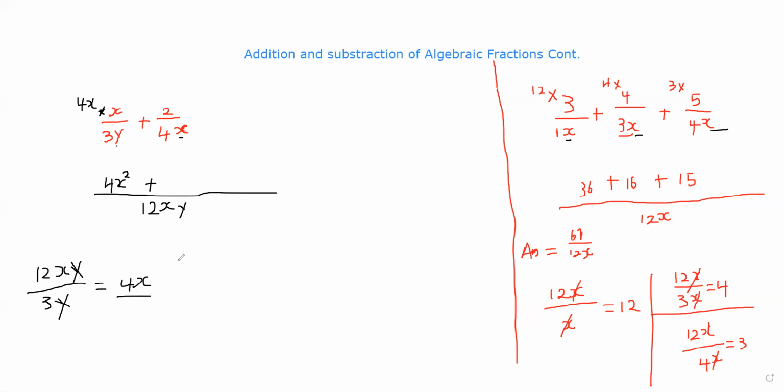Then we do the same thing. We have 12xy divided by this denominator now, 4x. So we divide the numbers, what do we get? 3, because 12 divided by 4 is 3.